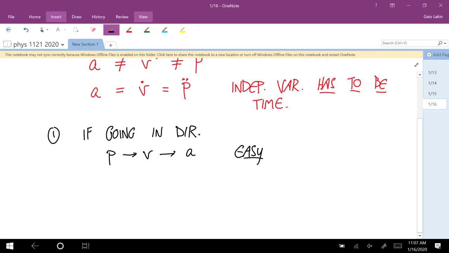You already have everything you need. All you need to do is take time derivatives.